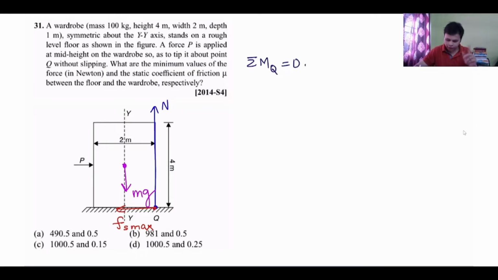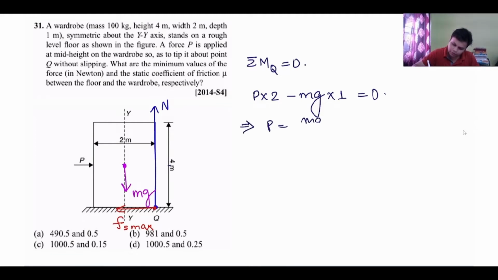There will be only two forces: the force P, acting at mid height, so P into 2 meter, because the full height is 4 meter and half height is 2 meter. This is clockwise, and mg produces an anti-clockwise moment, so minus mg into half of the 2 meter width, which is 1, equal to 0. This implies P is equal to mg by 2.